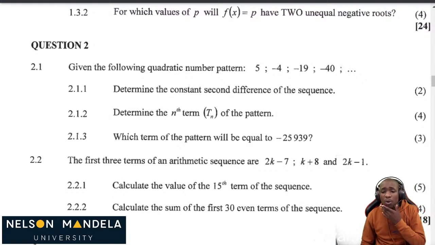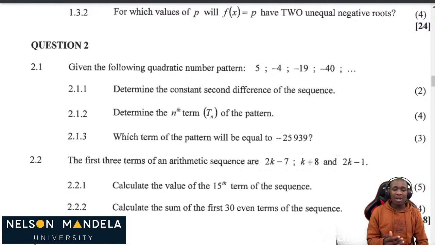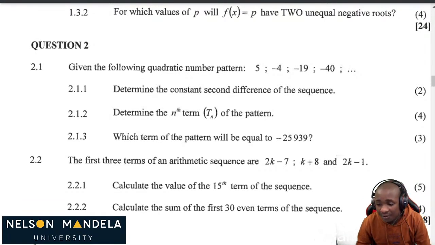Let's highlight the important part, which is written: quadratic number pattern. Having seen that we are given a quadratic number pattern, we have to know that on a quadratic pattern, or quadratic sequence, we have the second constant difference.